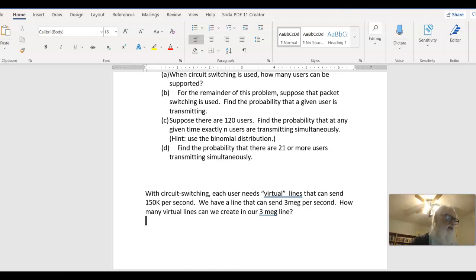Now we're going to switch to packet switching. Didn't mean that as a pun, but I guess it came out as one.